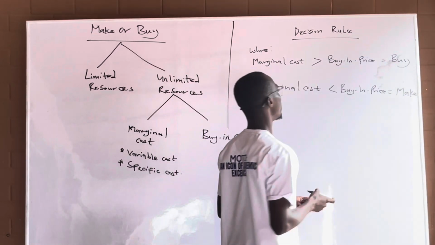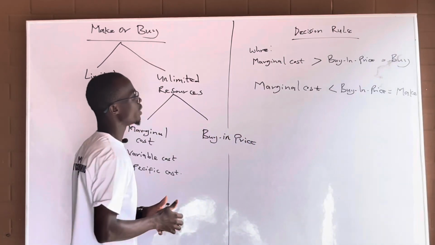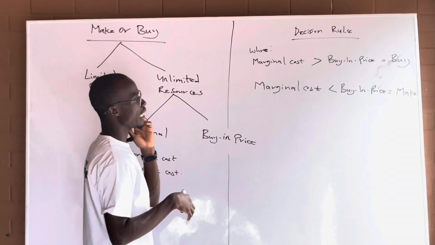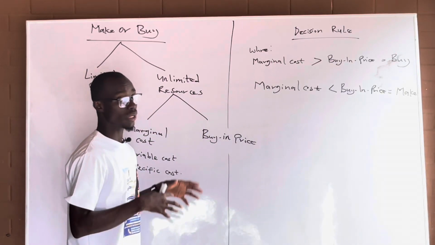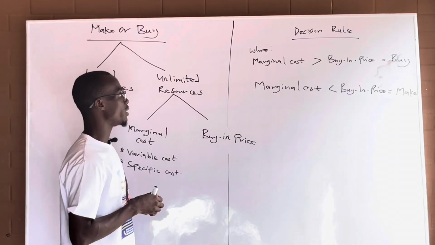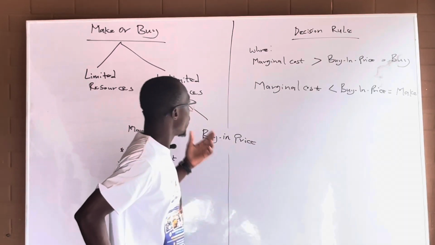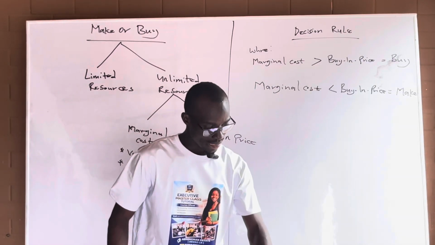So ladies and gentlemen, these are the decision rules that we need to undertake. Anytime we find ourselves in this scenario, we need to make this decision. That's what our organizations do, so we have to do the same as well. So that's it when it comes to the decision rule for make or buy decisions.